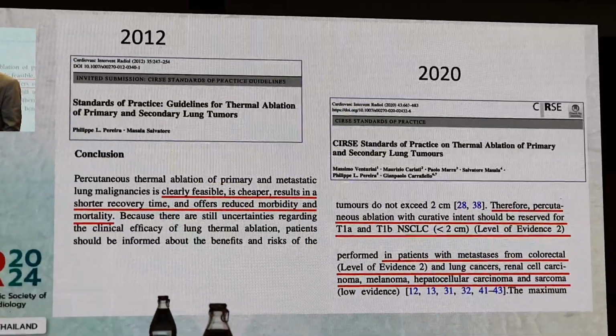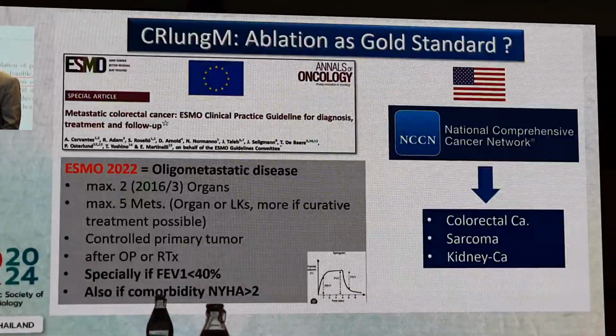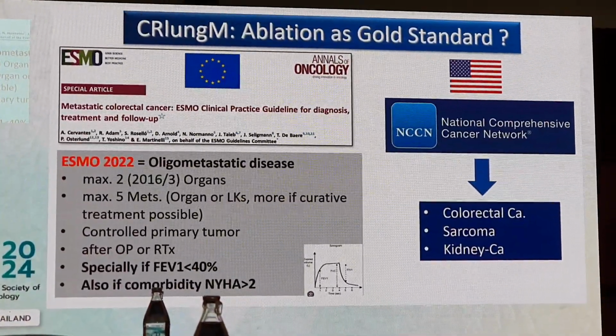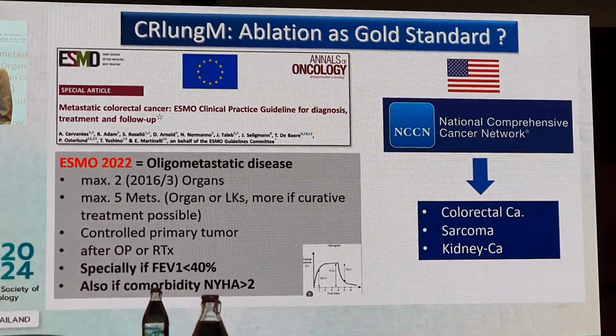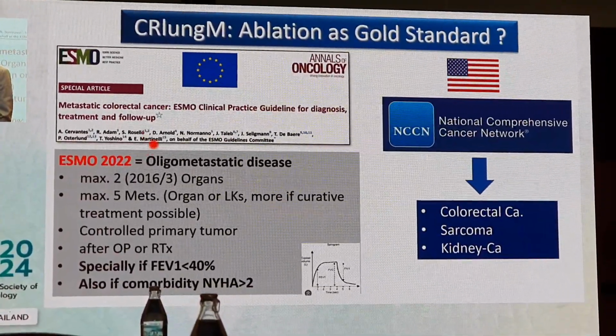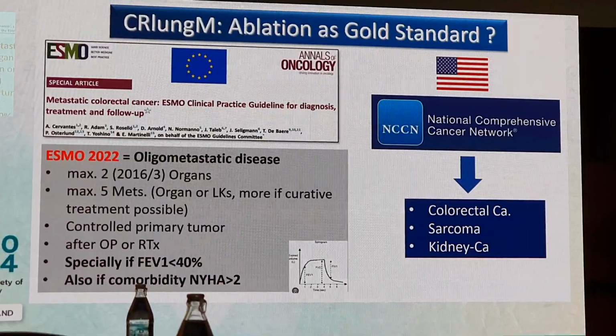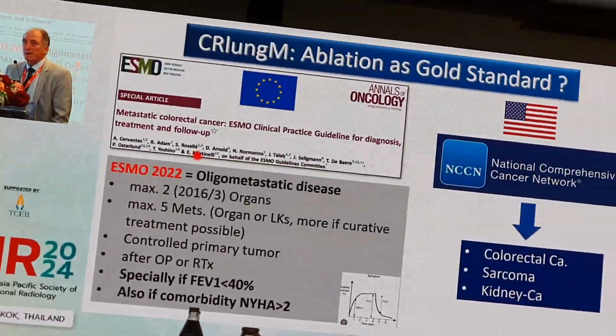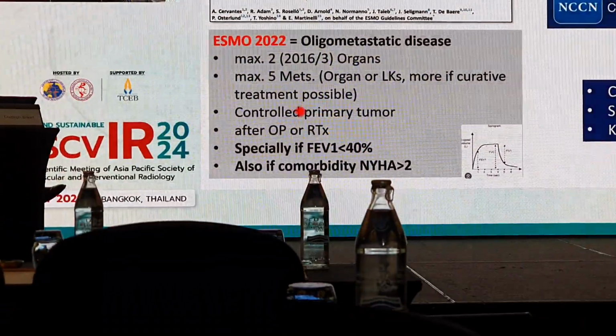We have several pieces of evidence now. And this is the reason, with all the evidence we produced in the literature, that lung ablation is now recommended in Europe by the ESMO, European Society of Medical Oncology, especially for patients with respiratory insufficiency or with some comorbidity, of course.